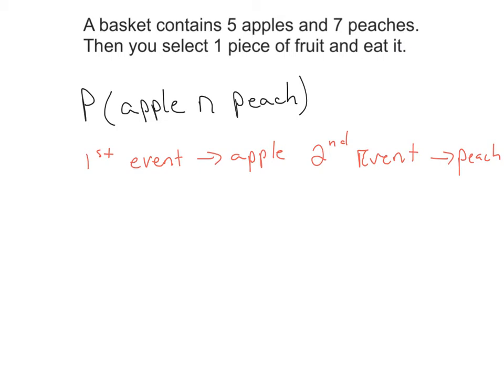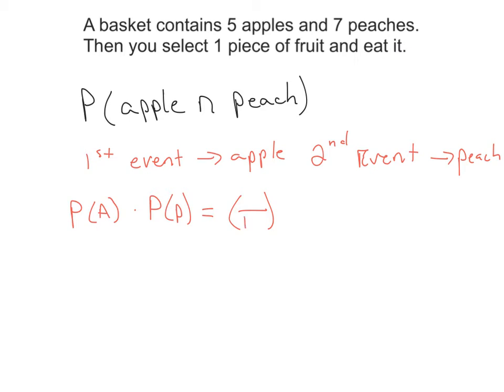All right. So what you're going to look at is, we're going to take the probability of an apple times the probability of a peach. Well, here it is. We have how many total pieces of fruit?